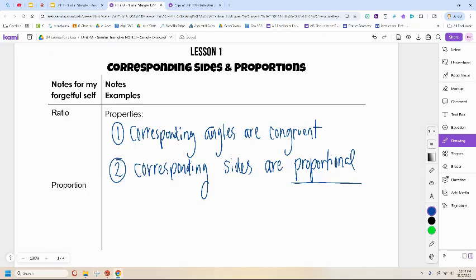And if those 2 things are true, then we have similar figures. So maybe up here I should say properties of similar figures. We're going to say similar triangles even. We do sometimes see similar quadrilaterals or other types of shapes, but right now we always start off with triangles.